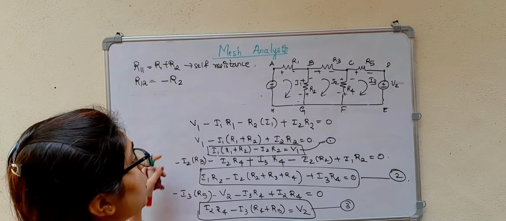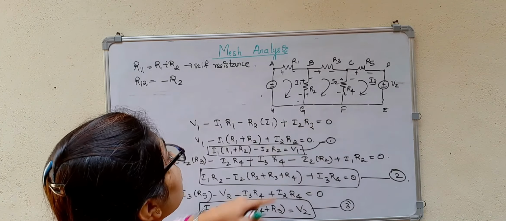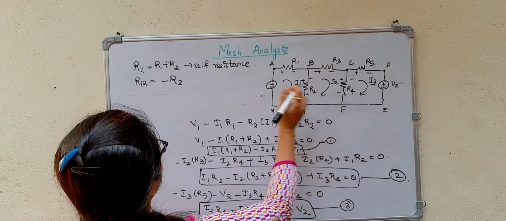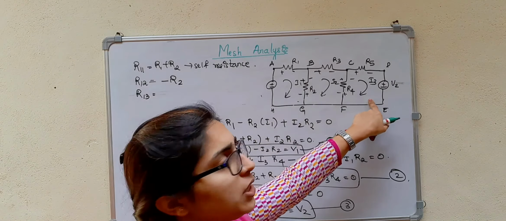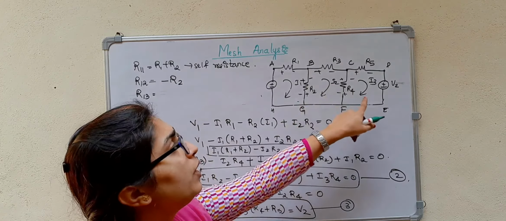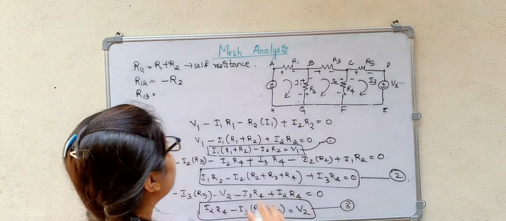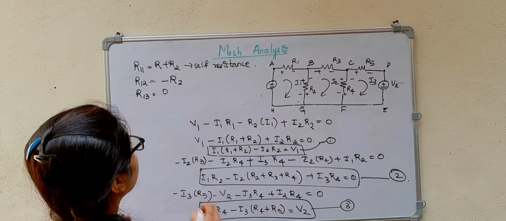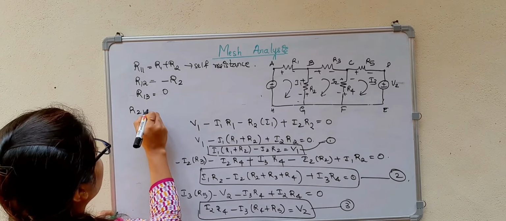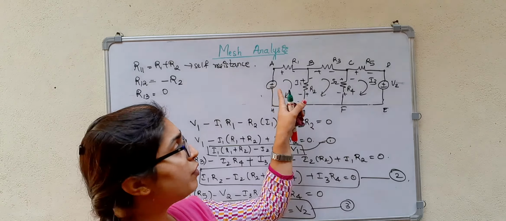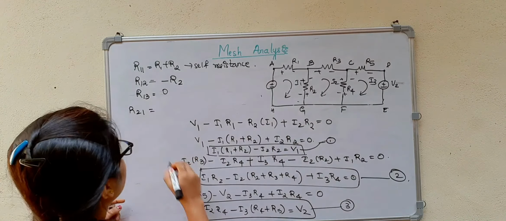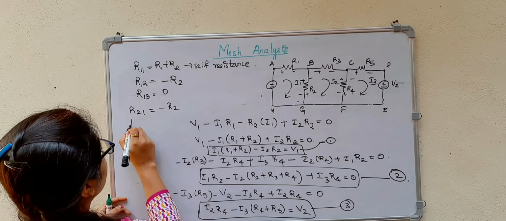Then we can consider R13, which is common to both the first mesh and the third mesh. You do not have any circuit element which is common, so that is equal to 0. Next, if I consider R21, the resistor in common with the first and the second mesh, that is R2, so that is minus R2.